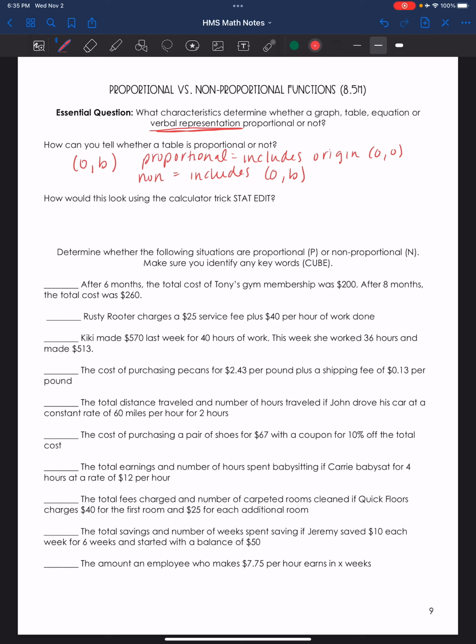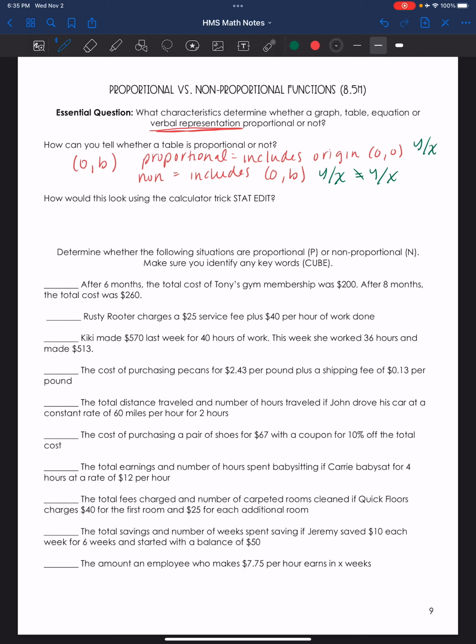Or if it's proportional, y divided by x equals the same. If it's non-proportional, if you do y divided by x, it will not equal another ordered pair's y divided by x, which we're going to show you in some examples.